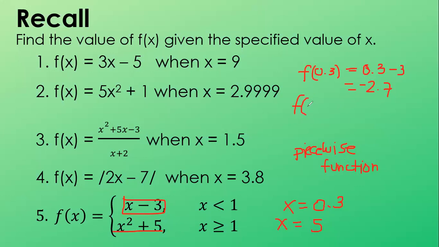So evaluate f of 5, that is equal to 5 squared plus 5, and then simplify. 5 squared is equal to 25 plus 5, and that will give us an answer of 30.